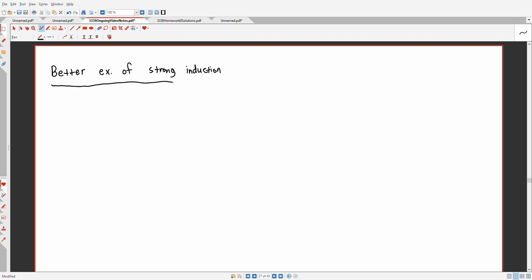Rather than work it out, I'll tell you where to find it. It's a good one. So here's the claim that 12 divides the expression n to the 4th minus n squared for every natural number, including 0.